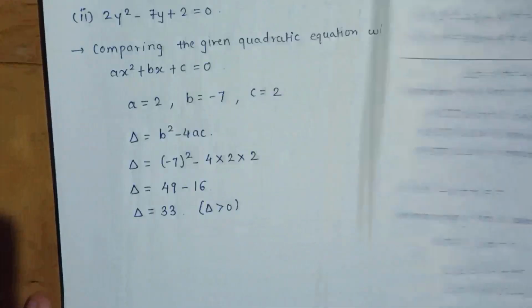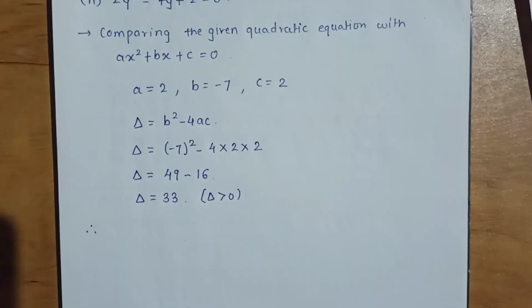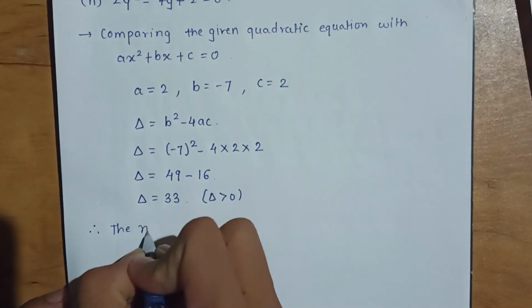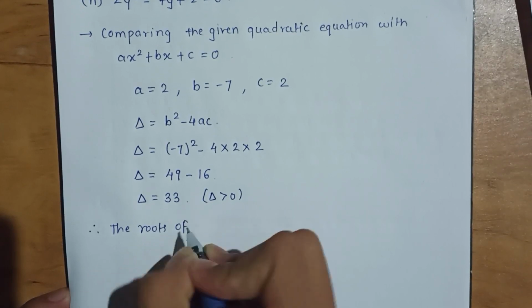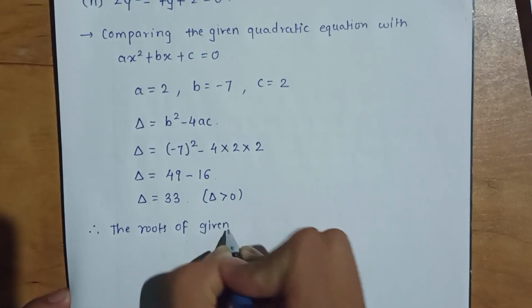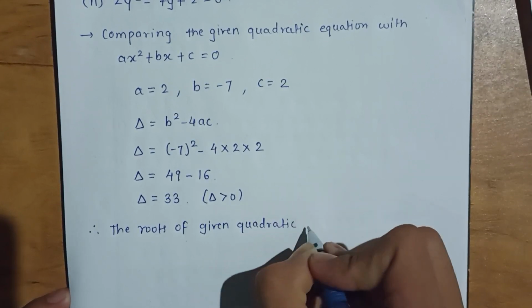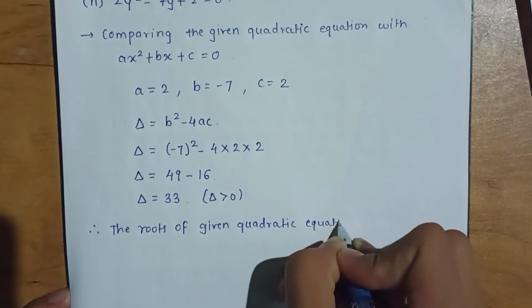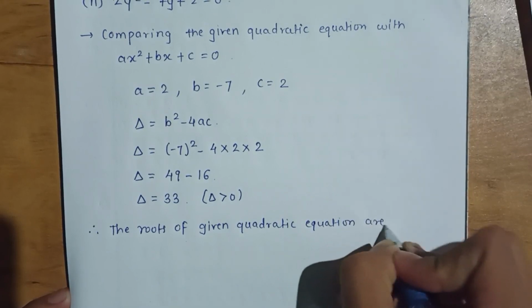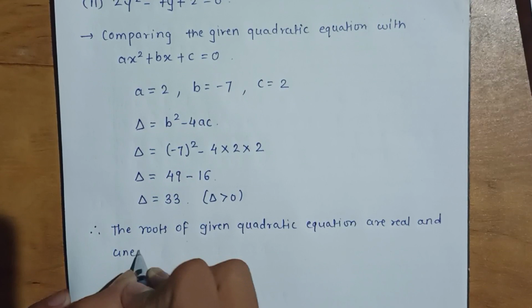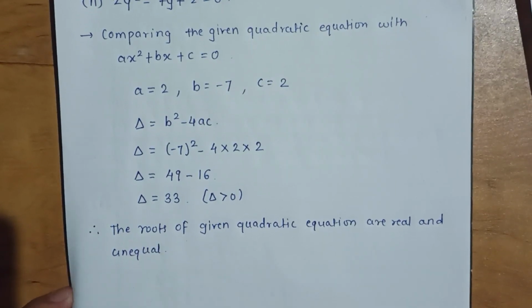So we will write: therefore the roots of the given quadratic equation are real and unequal. So we have done with our second sum.